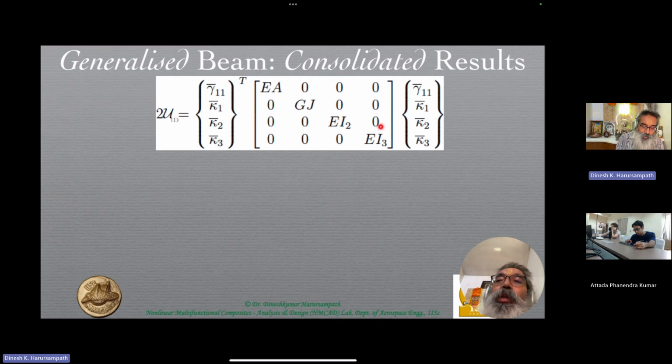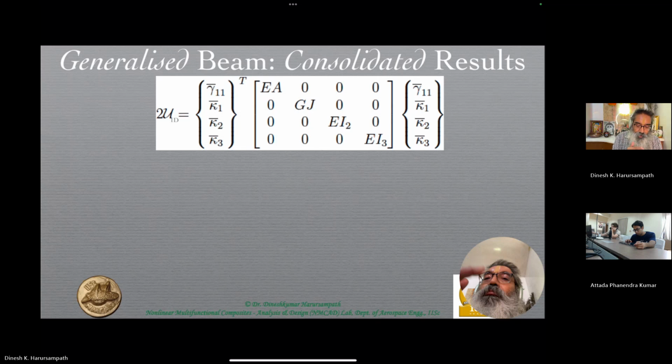But if you have a composite, then more often than not, depending, of course, on the layup, what angles of plies you have chosen, and in which order you're stacking them one over the other, you will see that you can have the couplings coming up. In general, you will have a fully populated 4 by 4 matrix.